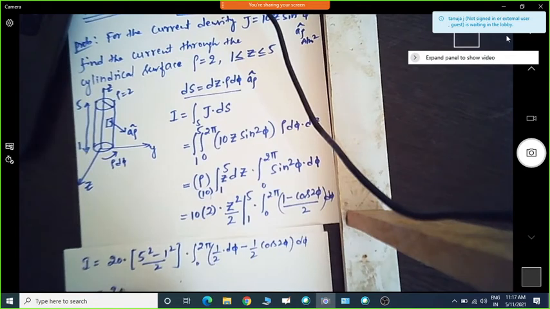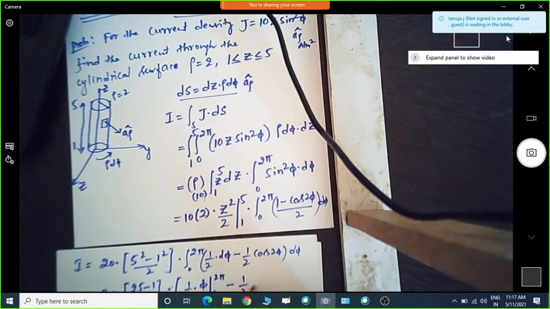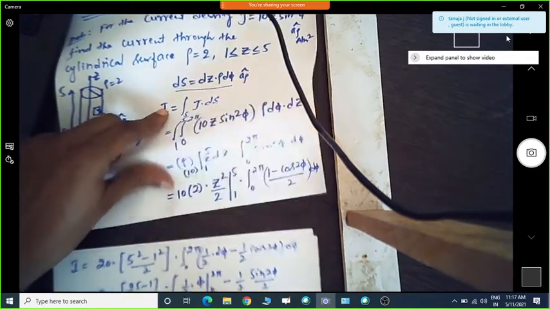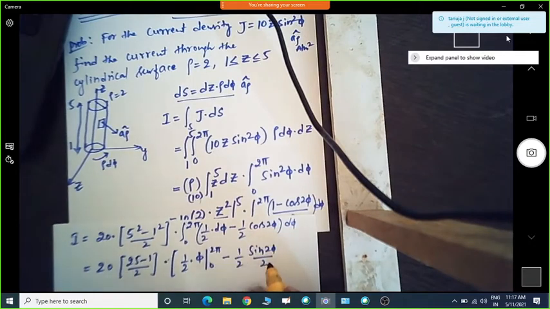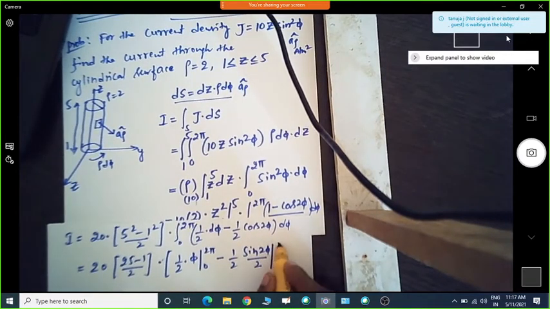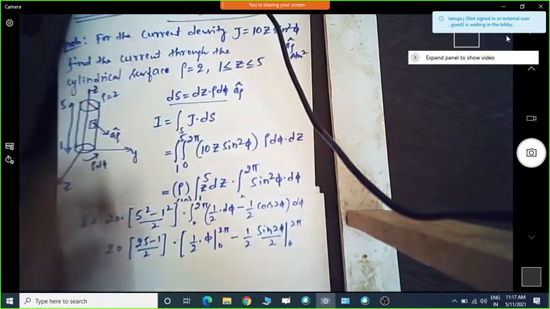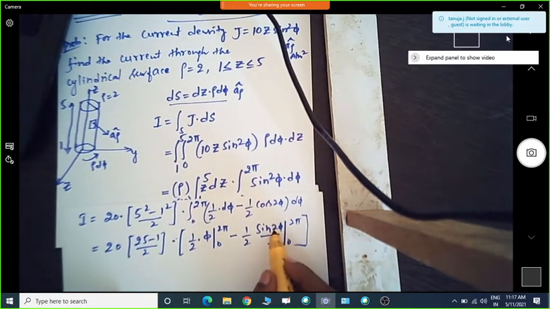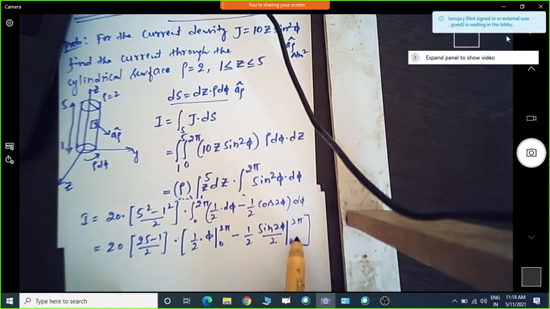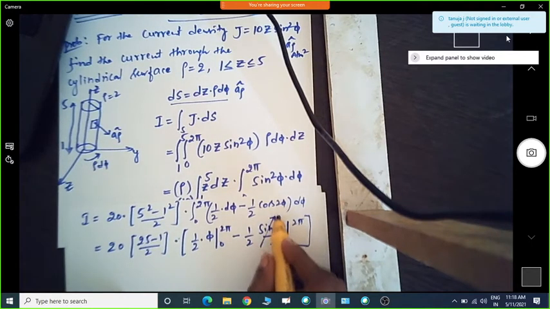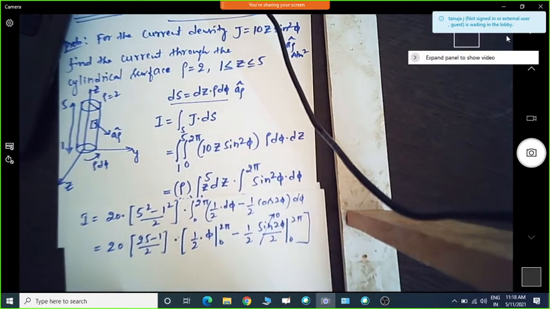Now you can write 2 pi into 25 minus 1 divided by 2 into half d phi, so we will get half into phi varying 0 to 2 pi, minus half into sine 2 phi divided by 2. The integration of cos is sine 2 phi by 2, varying from 0 to 2 pi. Since phi is from 0 to 2 pi, this will go to 0 because it is an integral multiple of pi.